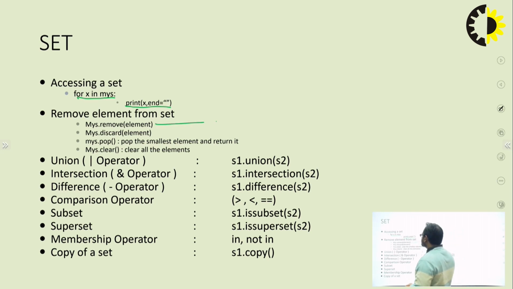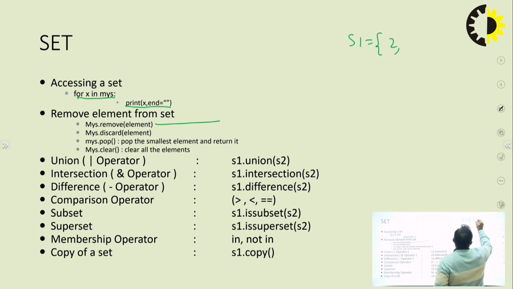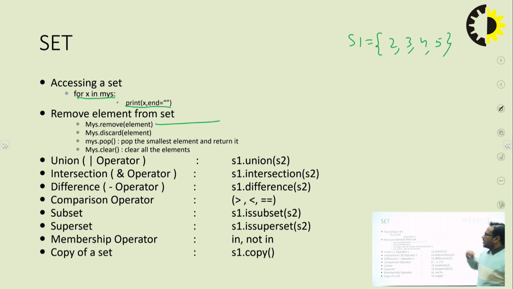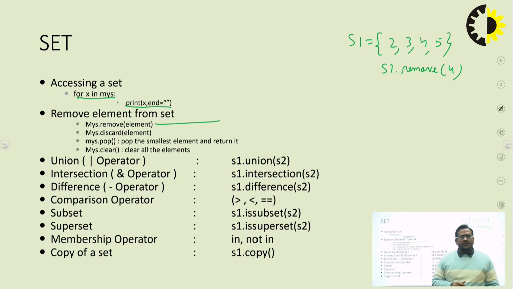First is the remove function. Whatever element you want to remove, you pass it here, and it is removed from the set. Understood my point? Suppose there is a set with some elements: s1 is equal to 2, 3, 4, 5. If you want to remove 4, you write s1.remove(4). It simply removes 4 from s1.